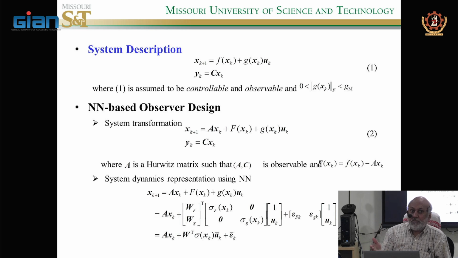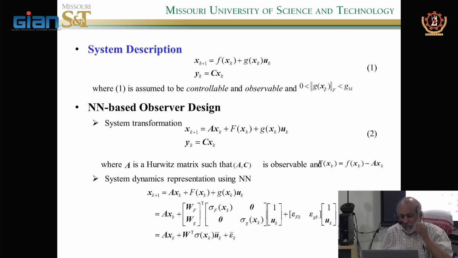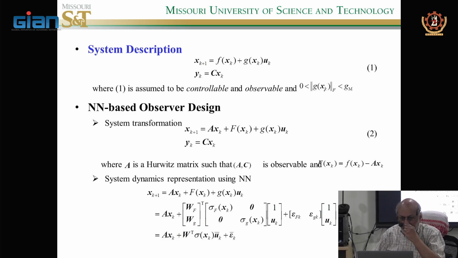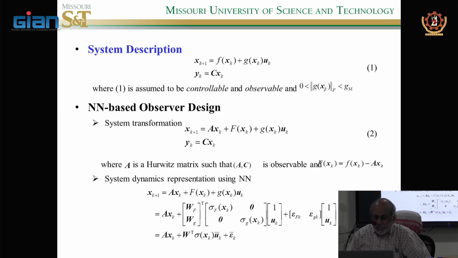There's an equivalent name. It's called Schur, S-C-H-U-R. So check that out. The same thing, but in a Schur matrix, the eigenvalues are within the unit disk. So that's a typo there. So A has to be Schur because this is discrete time.